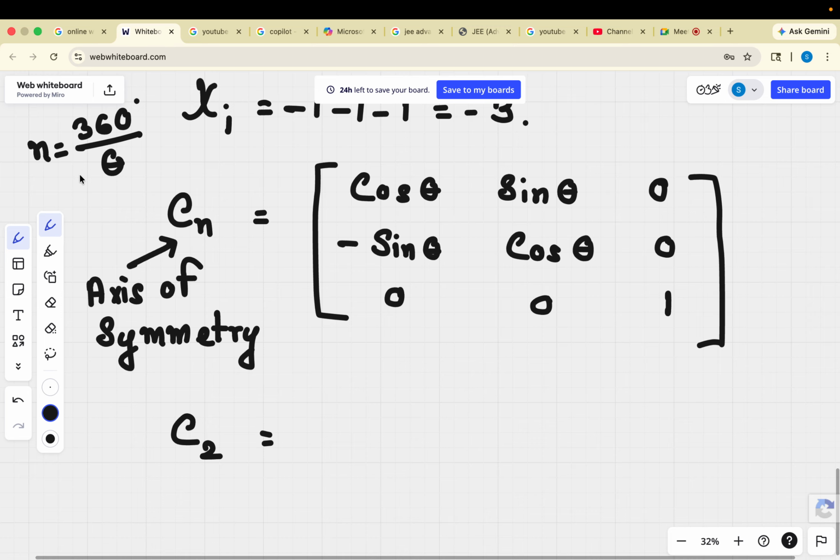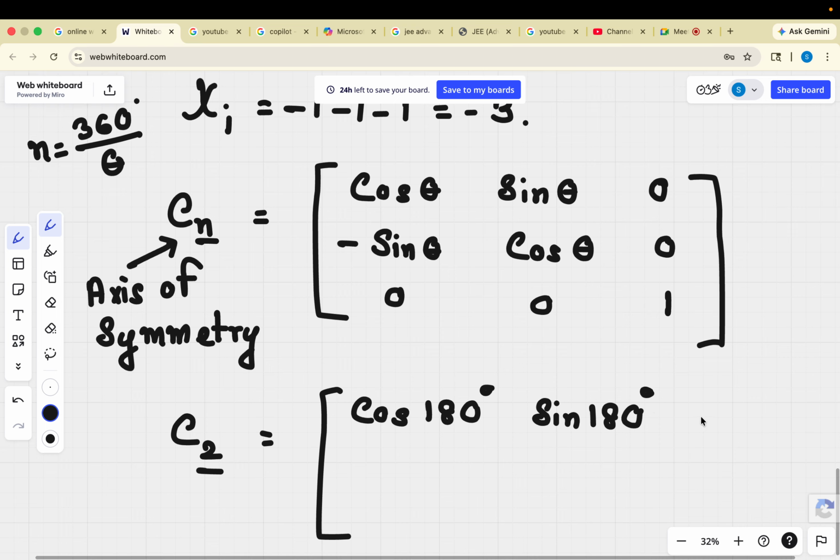What is the formula? N is equal to 360 degree by theta. So if I put all the values, here I will get cos 180 degree. Next will be sin 180 degree. Here you will get 0.